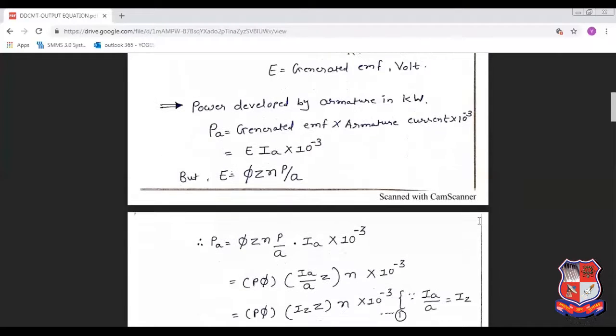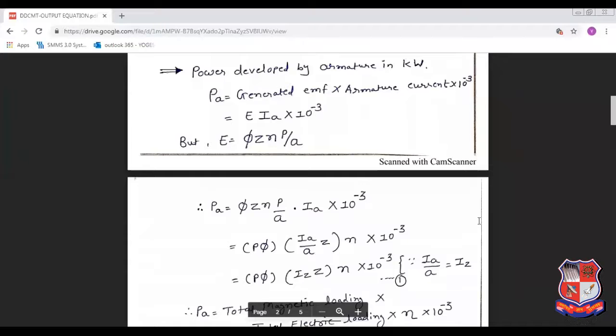Now we know that generated EMF E for the generator and back EMF E for the motor is equal to phi Z n P divided by A. Here speed of machine is in revolution per second. If speed of machine is in revolution per minute, then the equation is phi Z N P by 60A, where phi is equal to flux per pole.